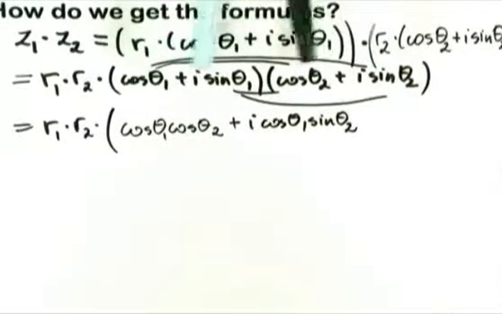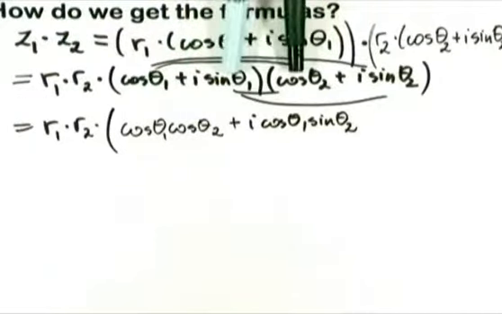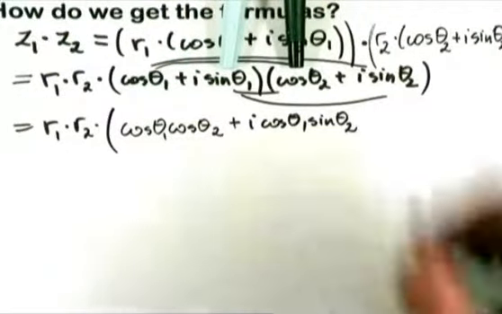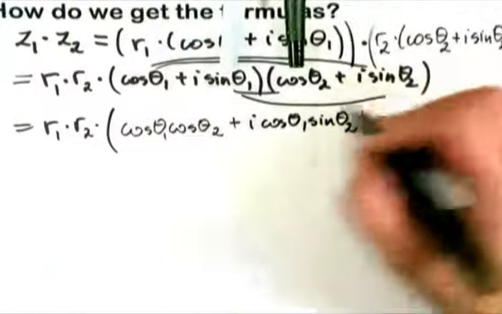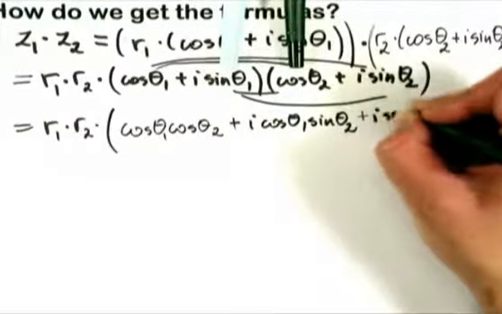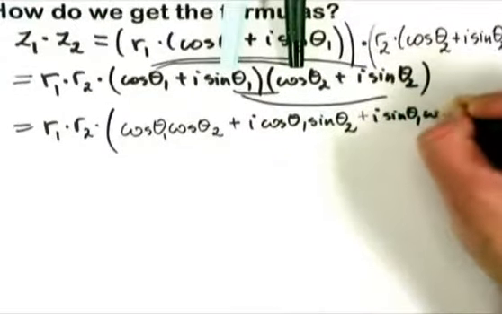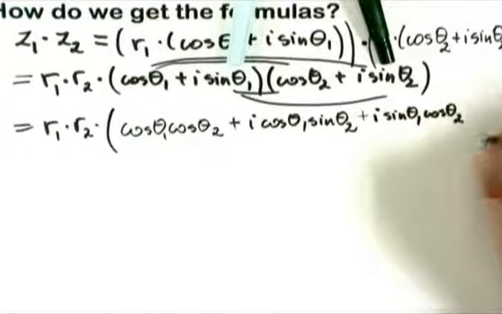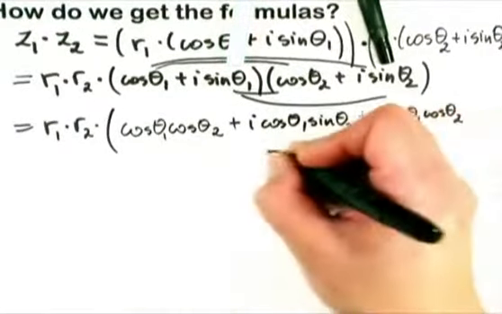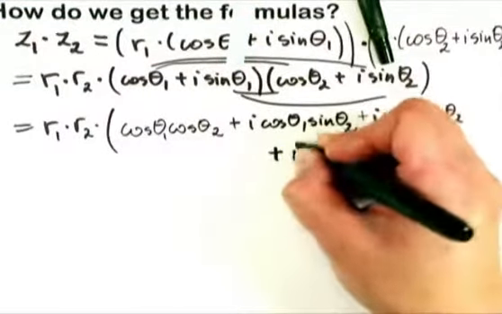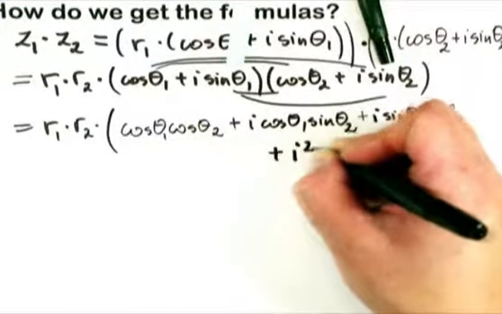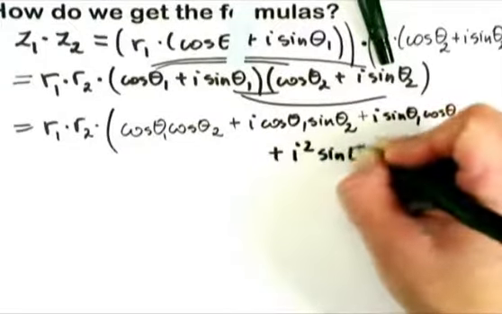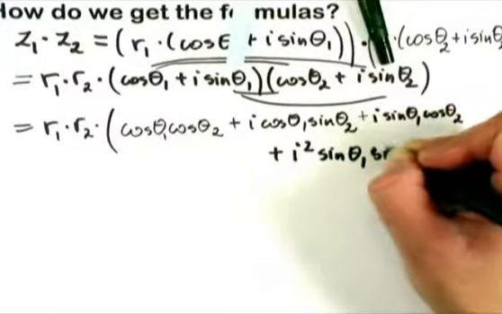Then we multiply those two: plus i sine theta 1 cos theta 2. And then we multiply the other two: plus i times i, which is i squared, times sine theta 1 sine theta 2.